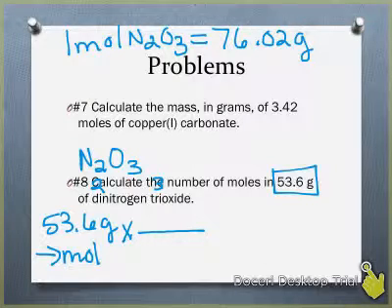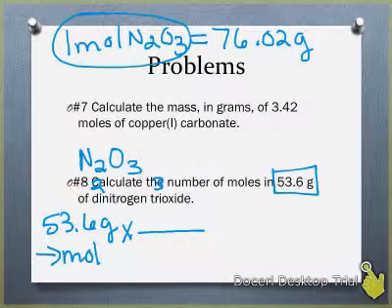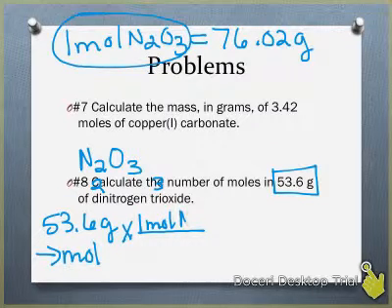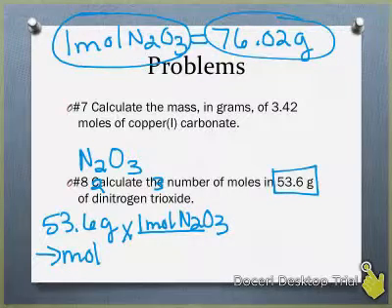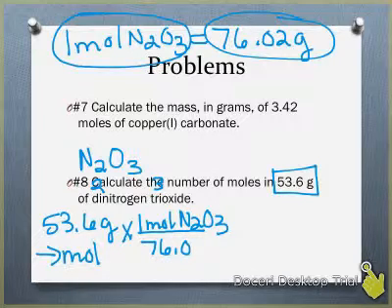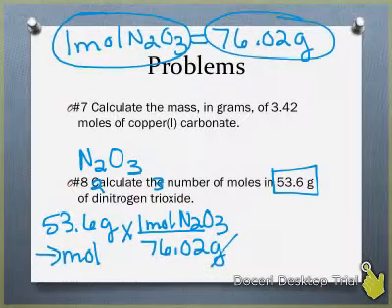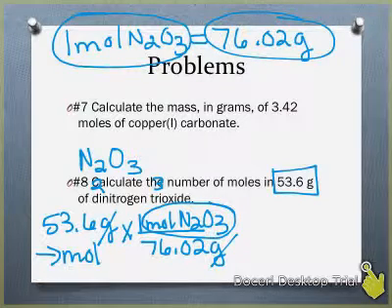What unit do I want? Moles. So I'm going to use the left side of my conversion factor. 1 mole of N2O3. What unit do I have? Grams. So I'm going to use the right side of my conversion factor. 76.02 grams. That grams cancels out that grams. We are left with moles, which is what we wanted.